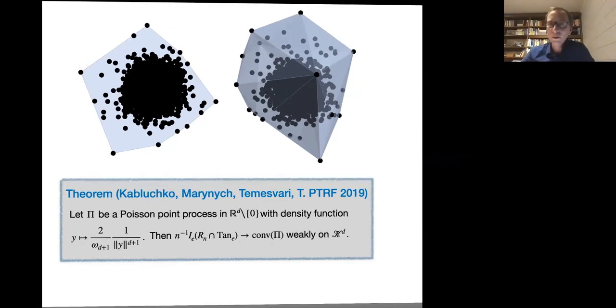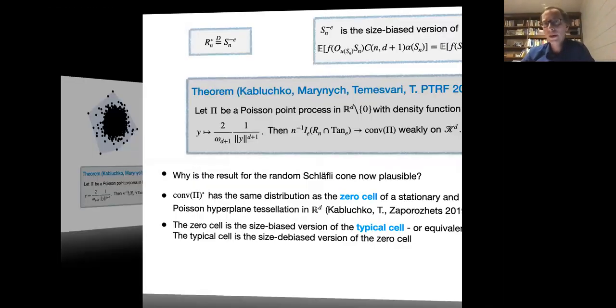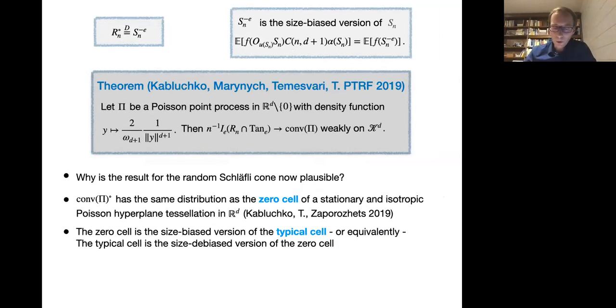And now, at least philosophically, you can complete the picture. We want to know something about the random Schläfli cones Sn. They are the size d-biased versions of the South Pole cones. And the South Pole cones are equal in distribution to the duals of these cones generated by points on a half sphere. And now you have to go back all the things. So why is now the result about the random Schläfli cones plausible?